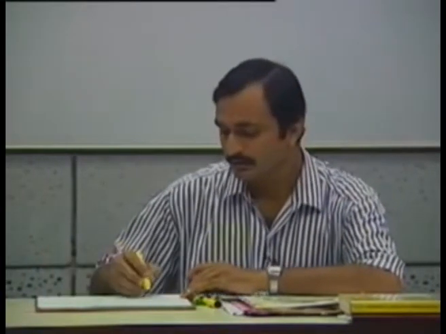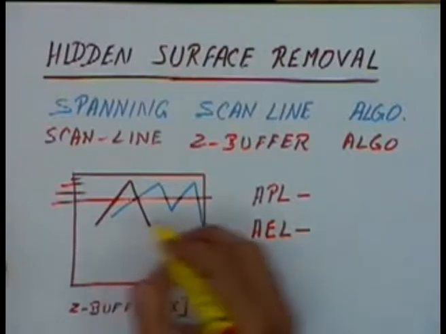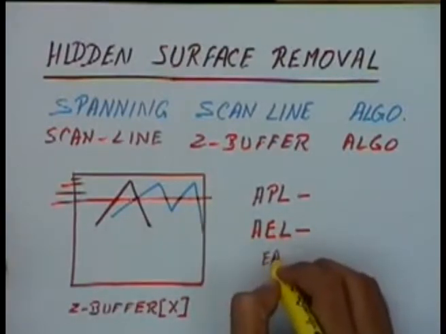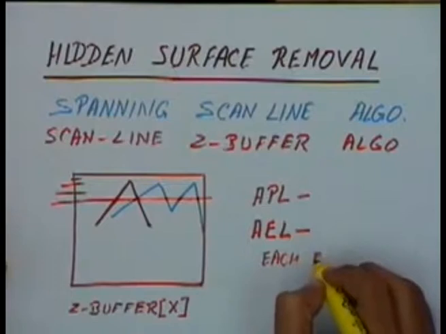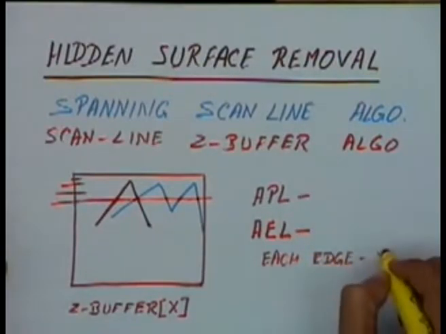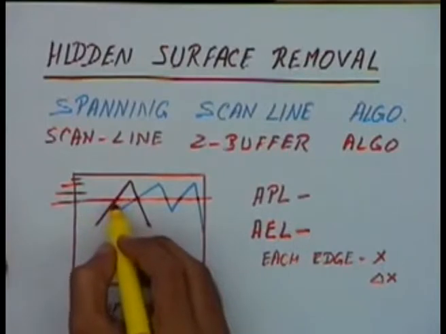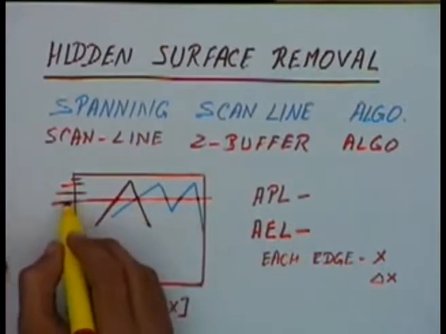In this active edge list, if you remember earlier, we were keeping track of the x intersections for each edge. We are keeping track of the x intersection, we are keeping track of delta x, that is the shift in x intersection as we move from one scan line to the next scan line.